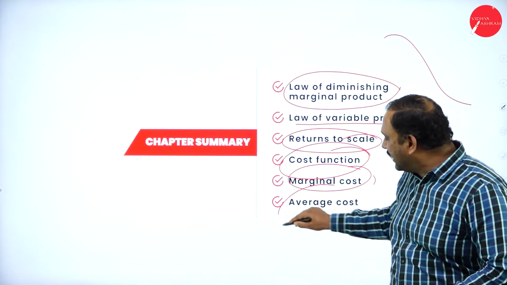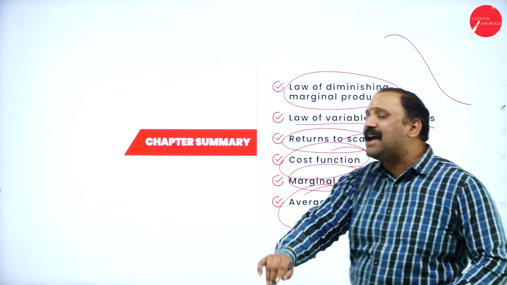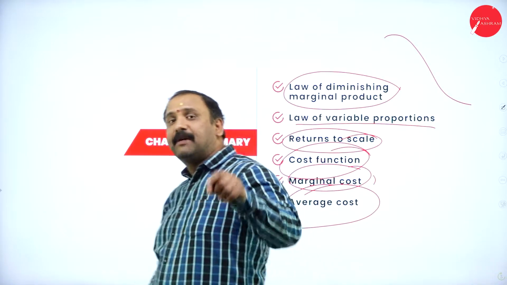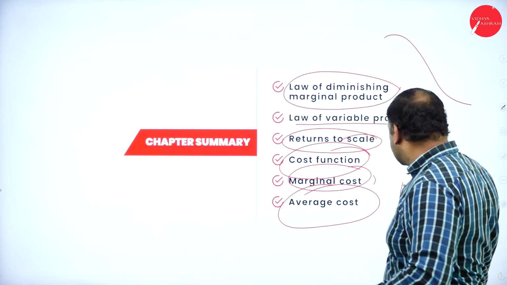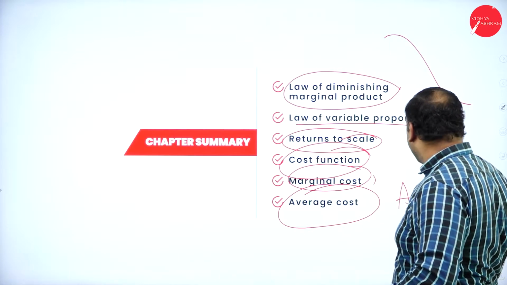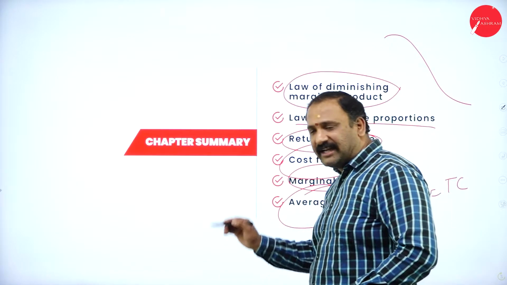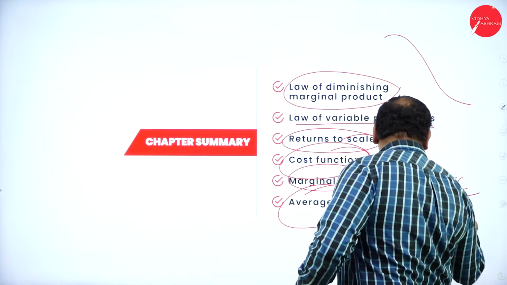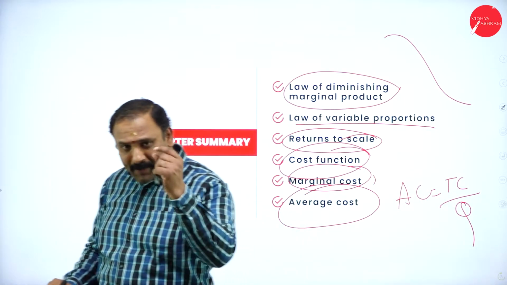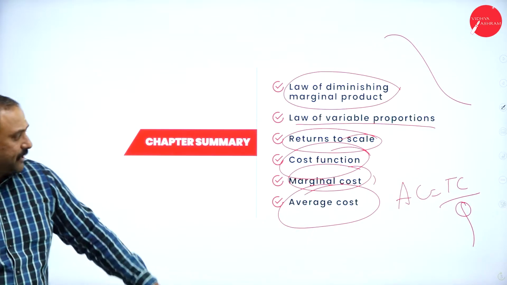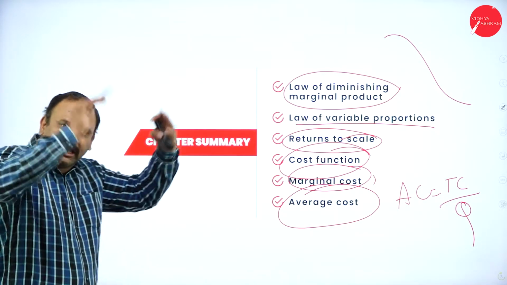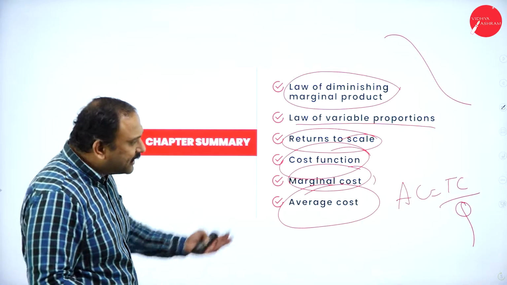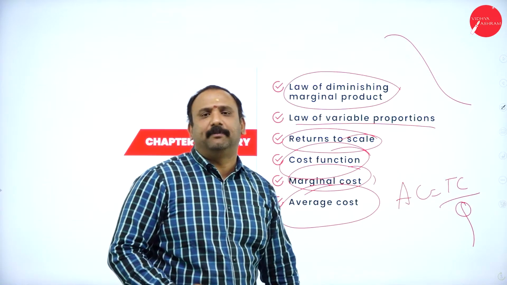On the other side, when we talk about the average cost, that means the sum total. Average cost is derived by total cost divided by quantity. This is very, very important for all of us. So the moment I say total cost divided by quantity, we are speaking about an average factor. On the whole, the total is taken and then divided by the quantity.